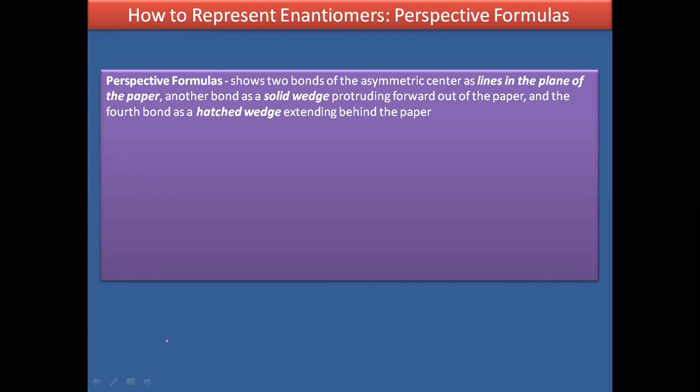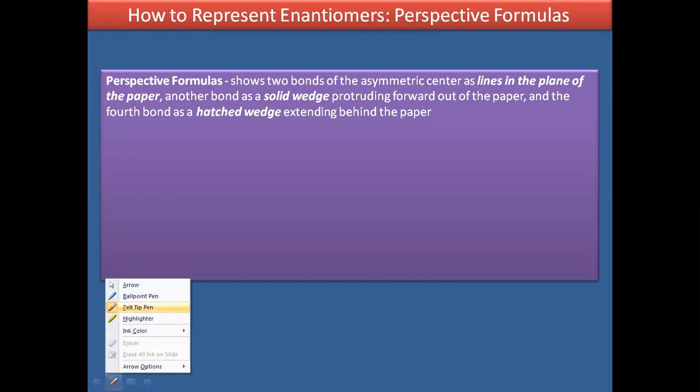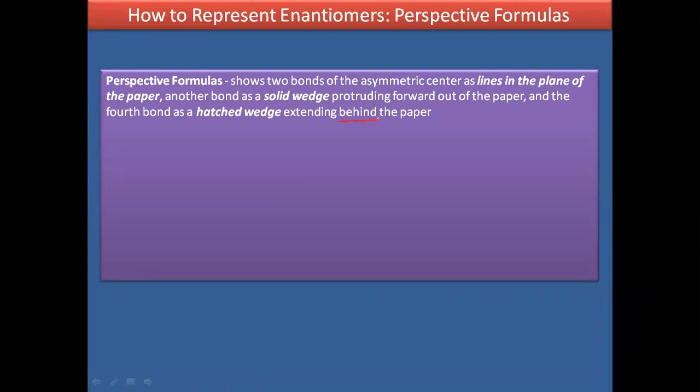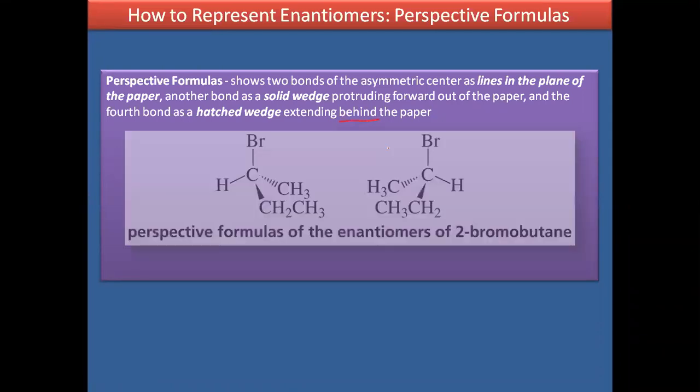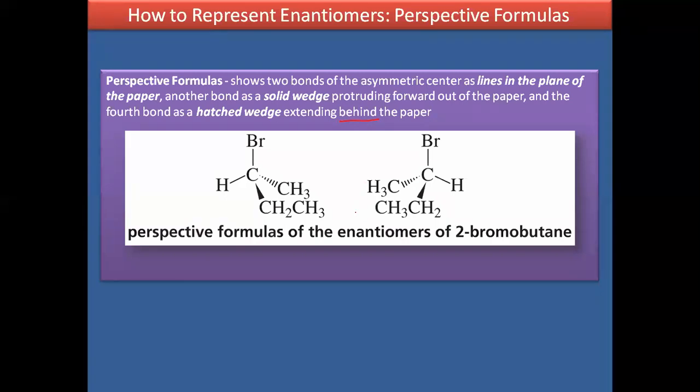It indicates that the particular atom or group of atoms is behind the plane of the paper. Here you have to see the perspective formula for the concerned enantiomers. These two solid lines show the bonds to the asymmetric center as lines in the plane of the paper.